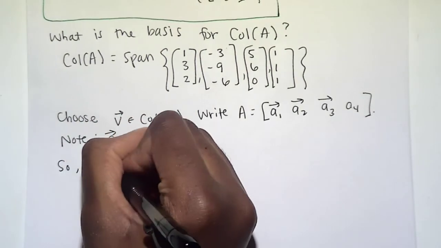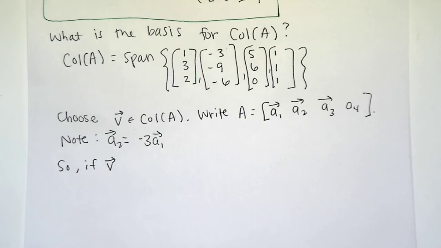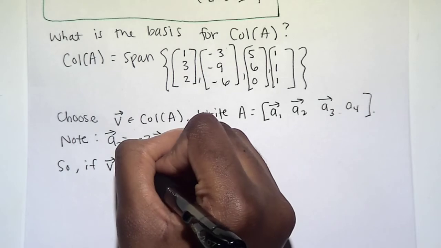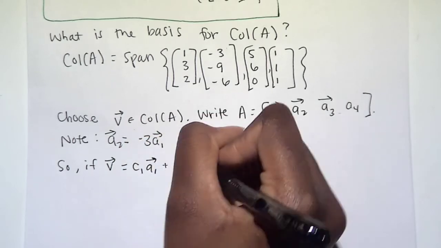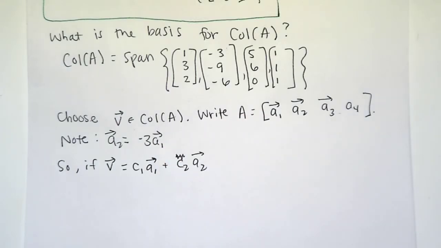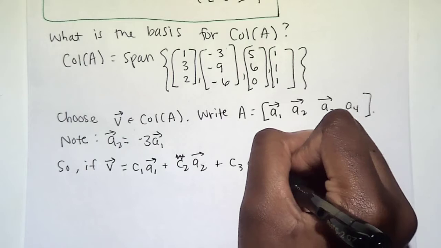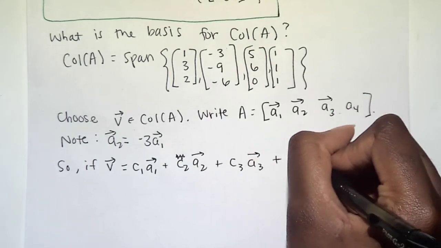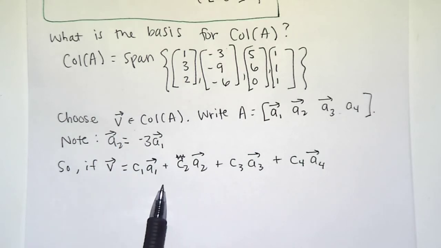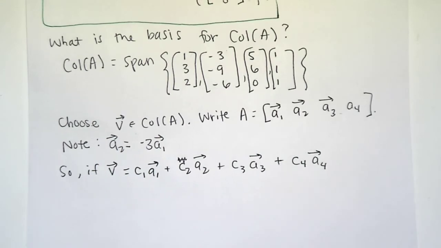So if our vector v can be written as a linear combination of these vectors, I'm going to call it C1A1 plus C2A2 plus C3A3 plus C4A4. If v is in our column space, it can be written as a linear combination of our columns. However, we know that A2 is actually -3 times A1, so I'm going to put that in there.